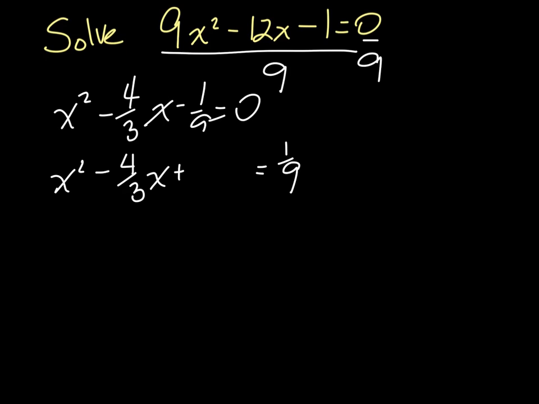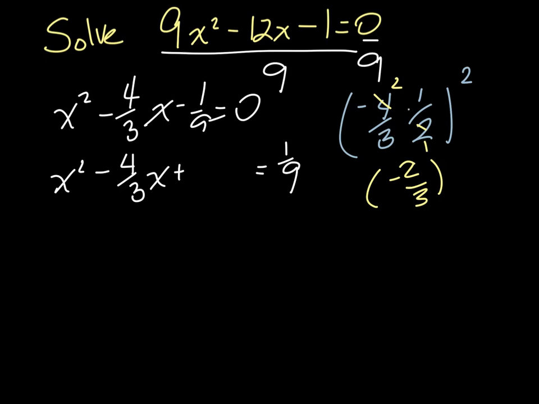And then to find what we need to complete the square, we're going to take the coefficient of x, which is negative 4 thirds, times a half, which is the same as dividing by 2, and square it. So we can cancel the 2 and the 4. So I've got negative 2 thirds squared would be 4 ninths.